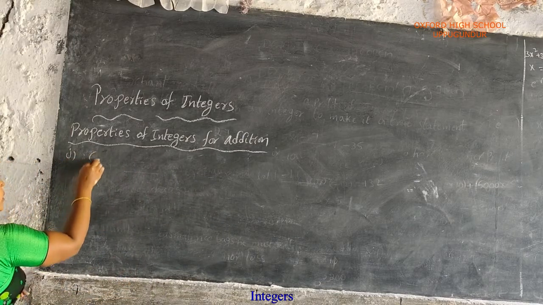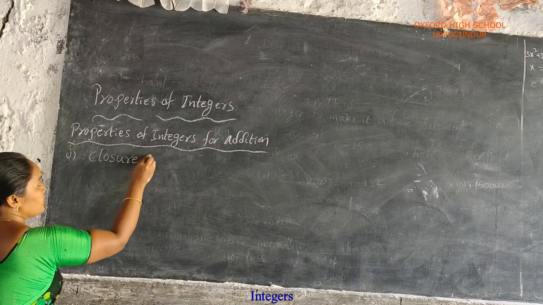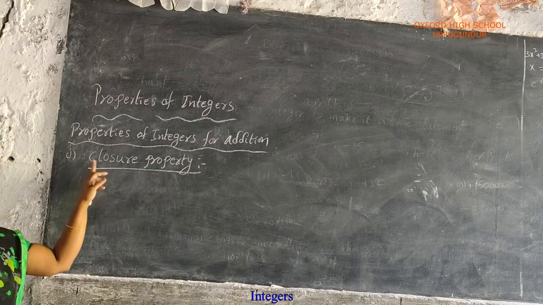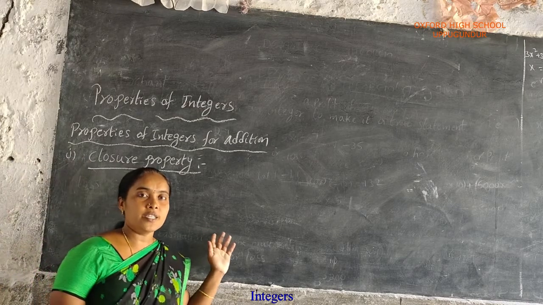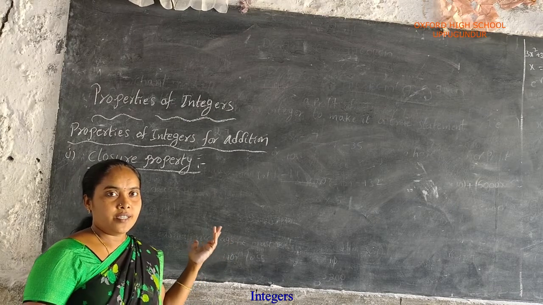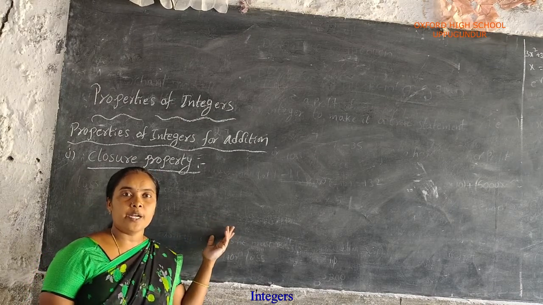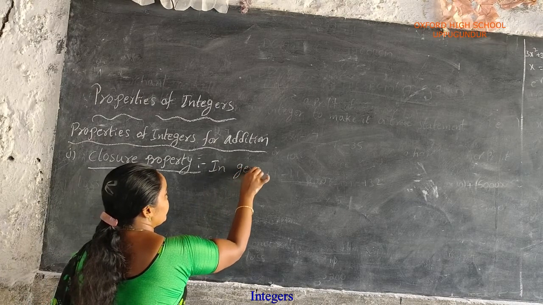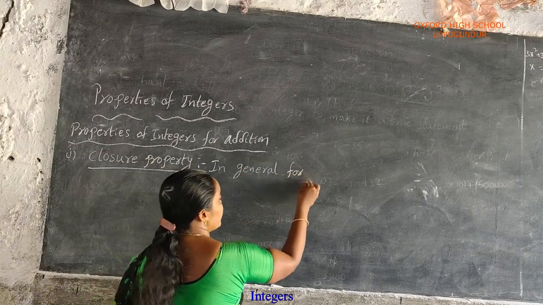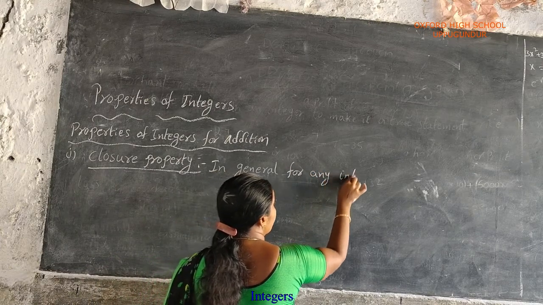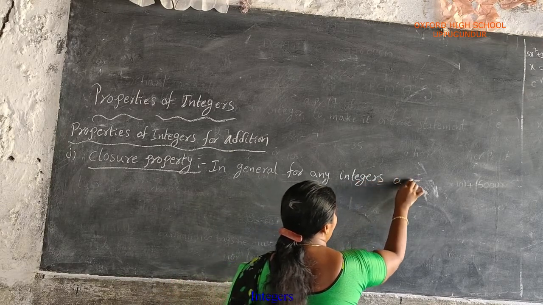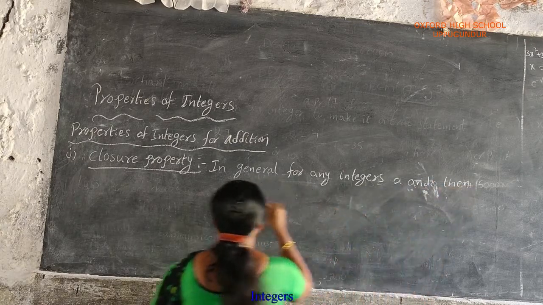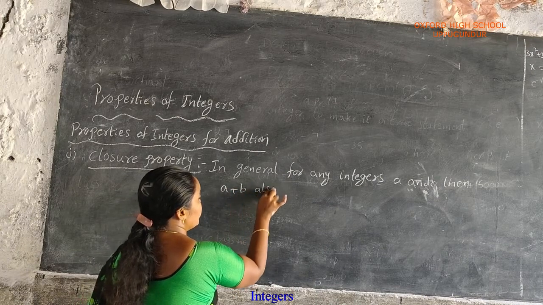First one is closure property. In general, for any integers a and b, a plus b is also an integer.